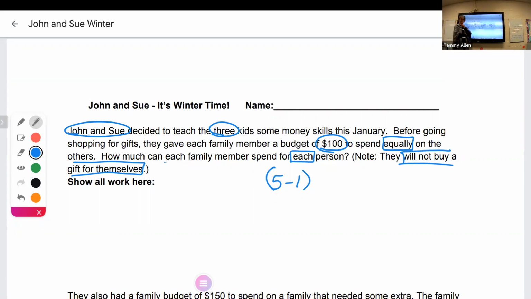And then somebody told me we're going to take that $100 and divide it by the 4, right? Because we know that 5 minus 1 is 4, and that will tell us how much money we get to spend on each person. Is that correct? So M is going to be the money spent on each person.